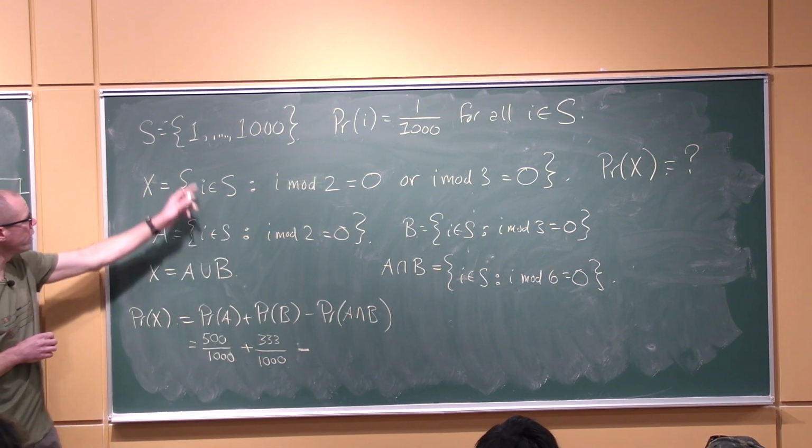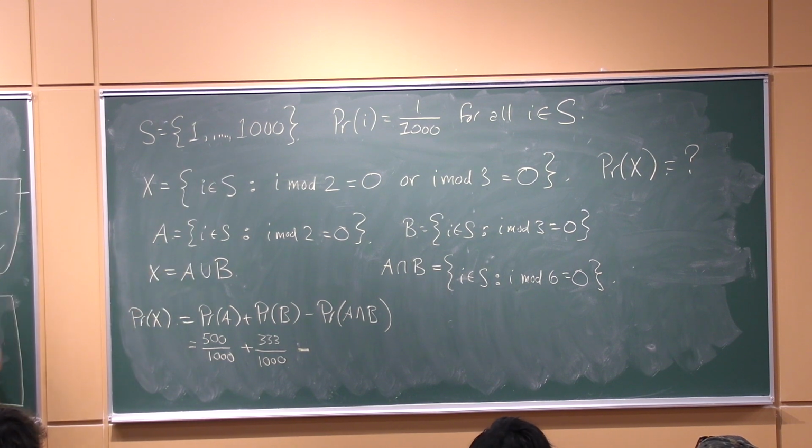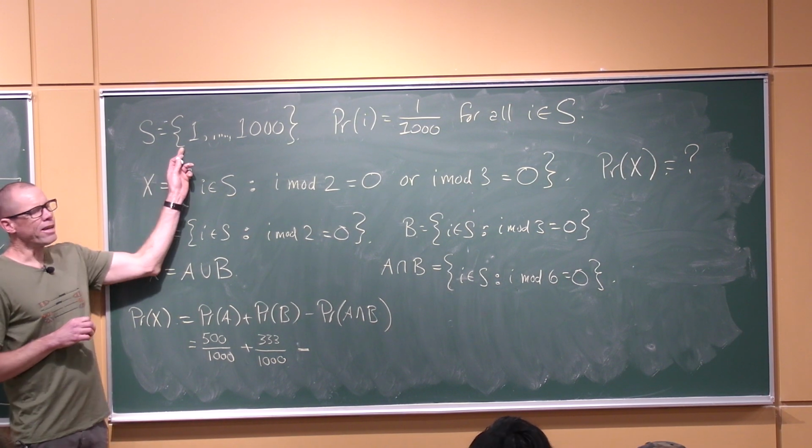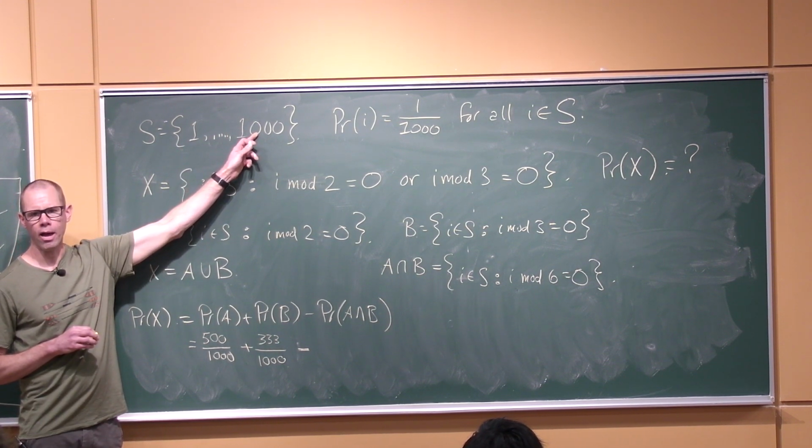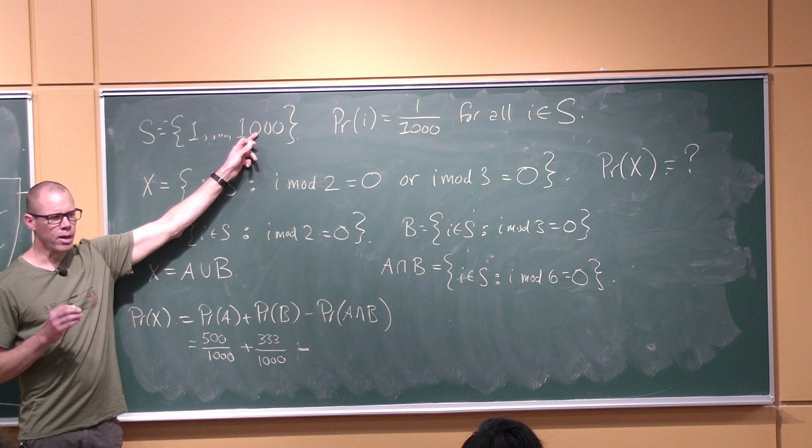And then how many of the integers in this range are divisible by 6? Anybody know? Yeah, 166. So it's something like 1,000 divided by 6, but 1,000 divided by 6 is not an integer, so you have to be a little careful.